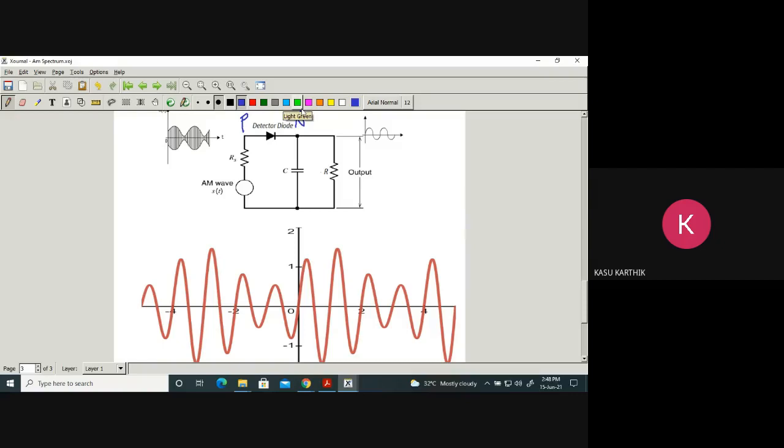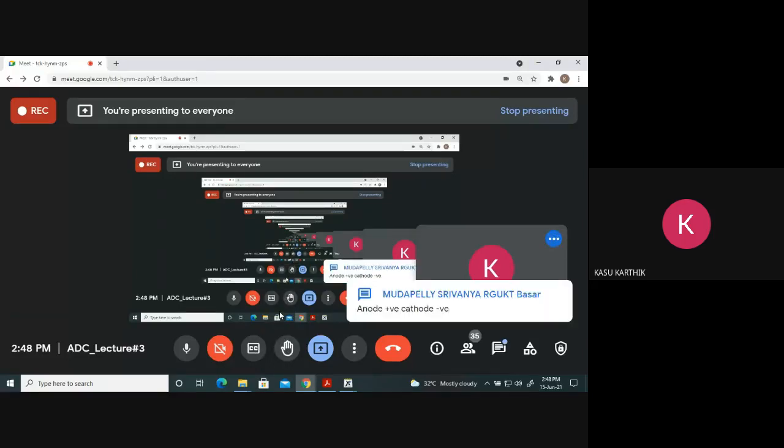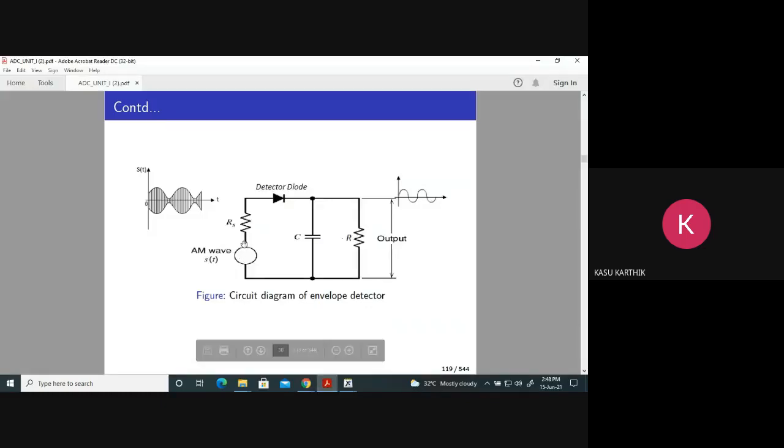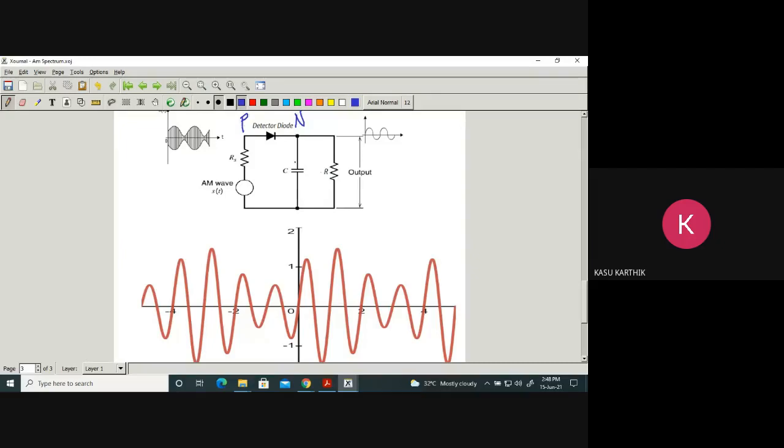When the diode is forward biased, whenever the P side is positive or the P side is more than the N side, in forward bias you can replace the diode with, ideally, a short circuit.